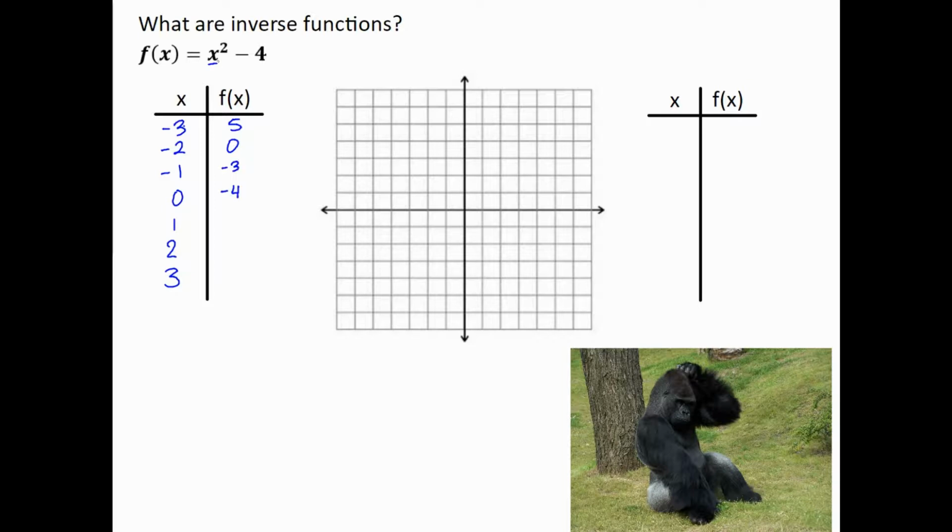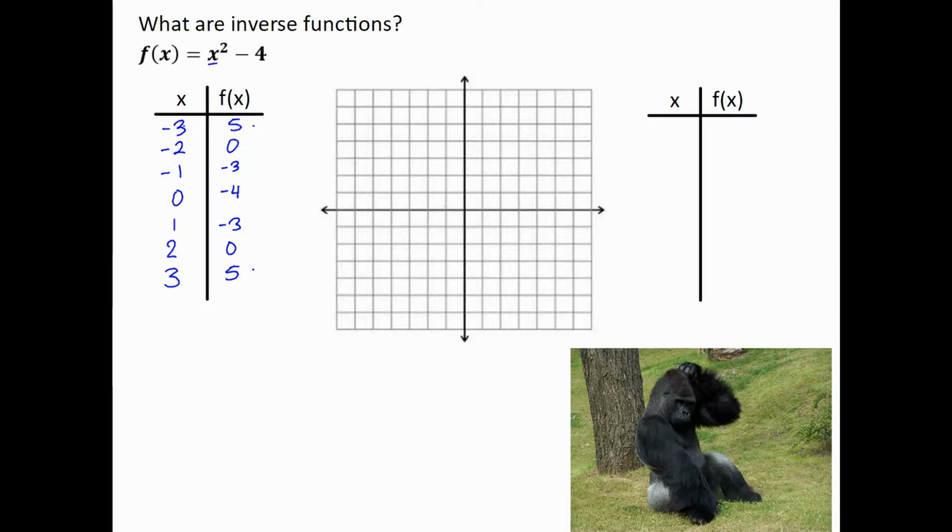This is a quadratic function translated down 4. When x is 1, we get negative 3. When x is 2, we get 0. And when x is 3, we get 5. Notice how they are just symmetry. Lots of symmetry happening today.